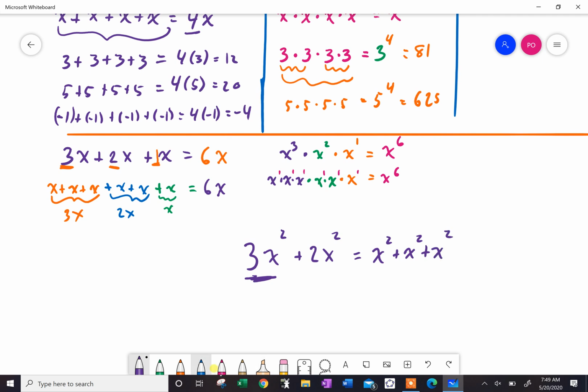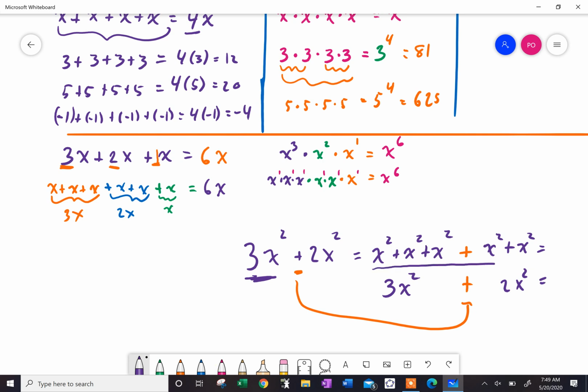Here I have addition, so this is my 3x squared. Here's my plus, just like here. And then I have x squared plus x squared. So how many x squares do I actually have? Well, you can count them. 3 plus 2 is, I have 5x squared.